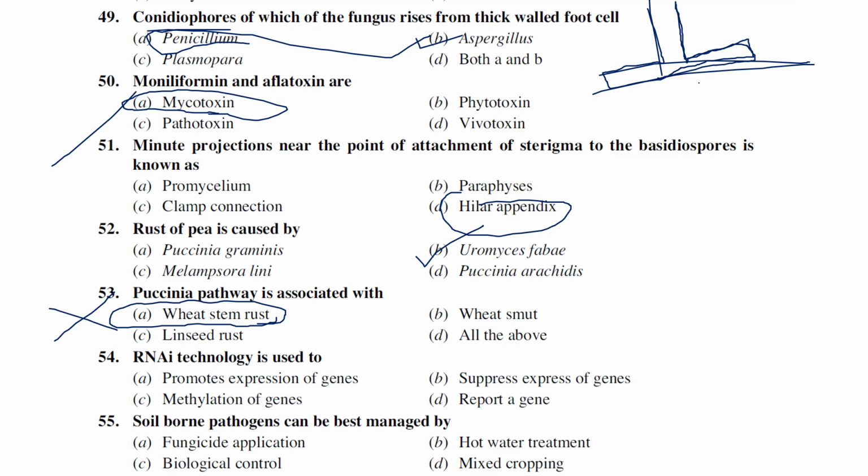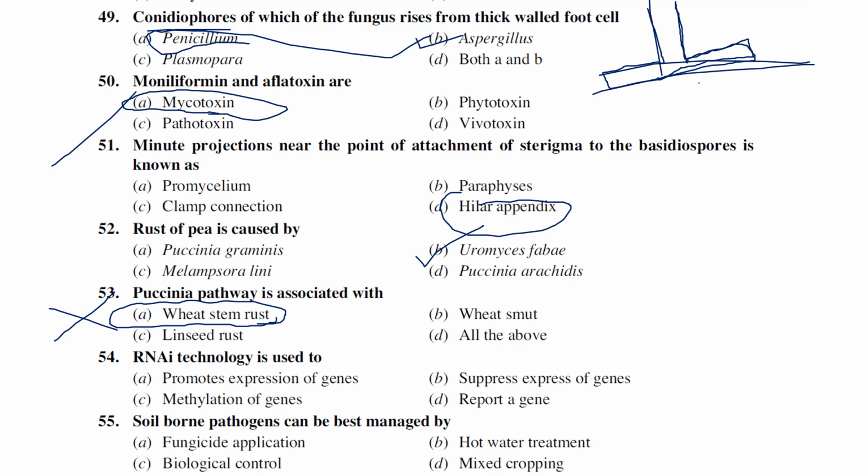RNAi technology is used for, RNAi means RNA interference. That was first given by Andrew Fire and Craig Mello, right? Yes, I think so. The technology was first discovered in a nematode called Caenorhabditis elegans, and they later got the Nobel Prize as well.